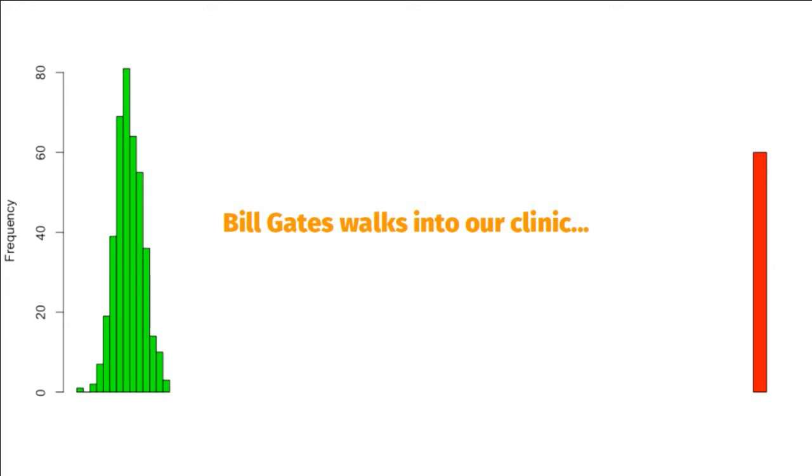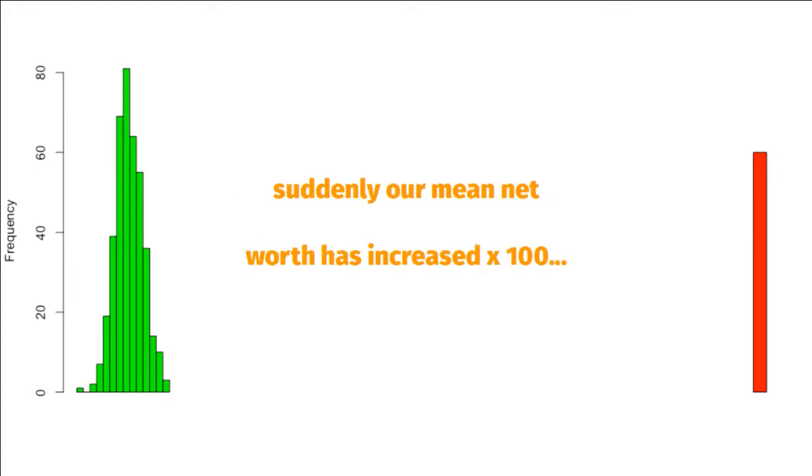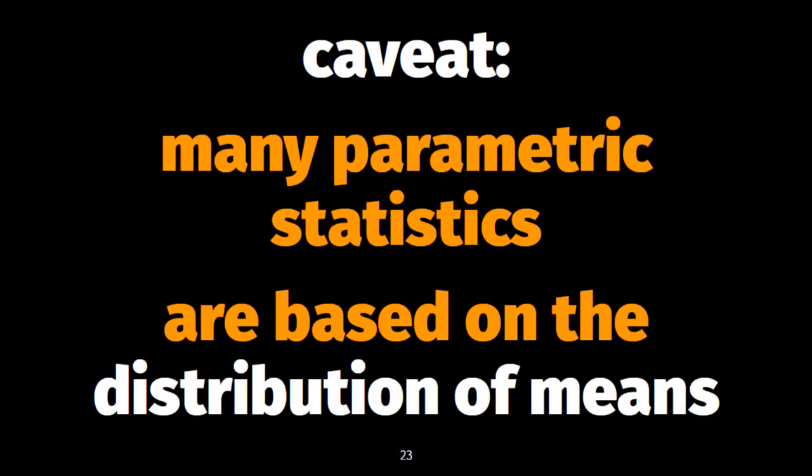Now, if there were a cash machine in here, would you be able to cash out $100 million before Bill left the room? Probably not. So, even though your net worth is that high, it really isn't. And unfortunately, a lot of statistical tests are based on some property of the mean. And if it's based on property of the mean, as you can see, the mean can be distorted considerably by outliers, especially extreme outliers like that.